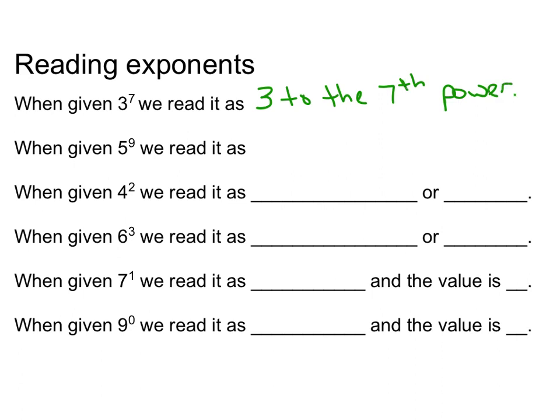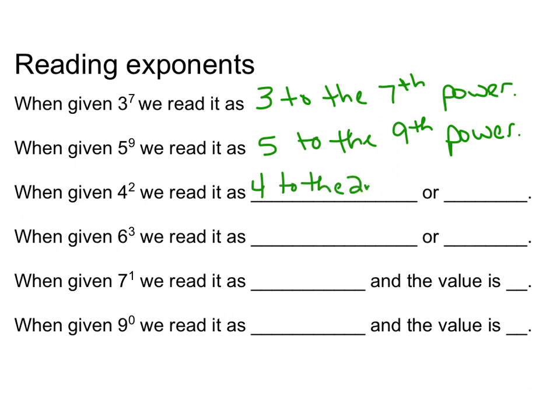If you were given 5 and then small 9, we read it as 5 to the 9th power. Okay. So when you're given 4 and the small 2, we read it as 4 to the 2nd power, or you read it as 4 squared.